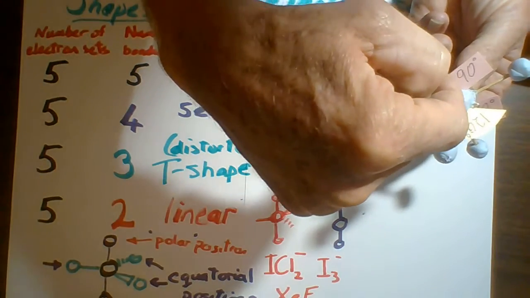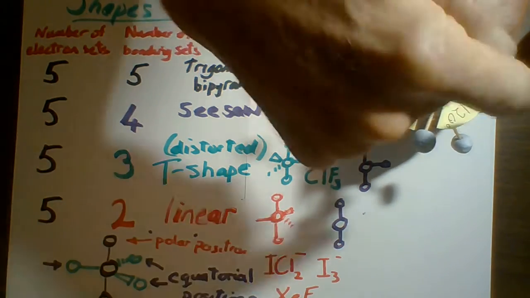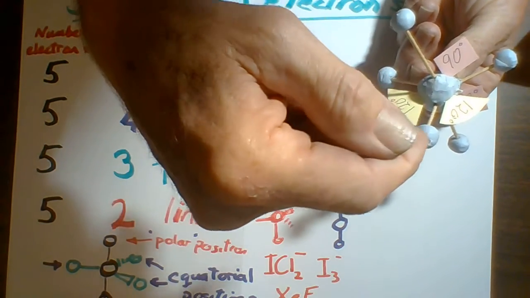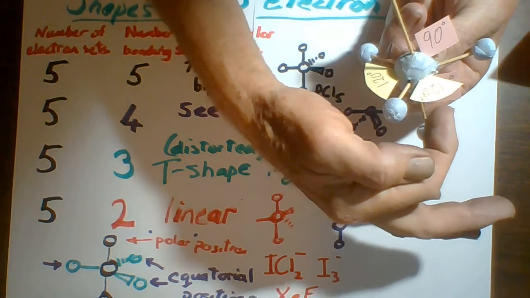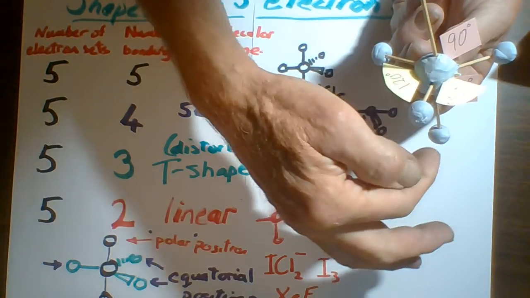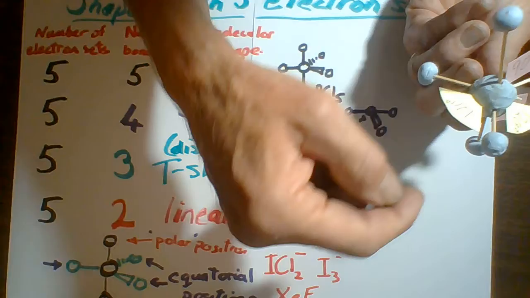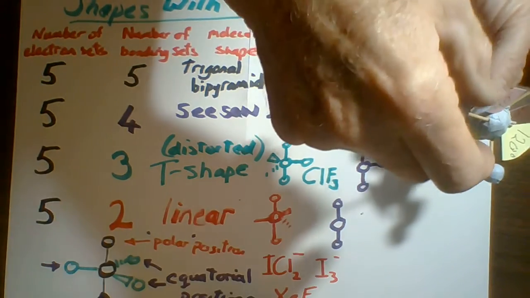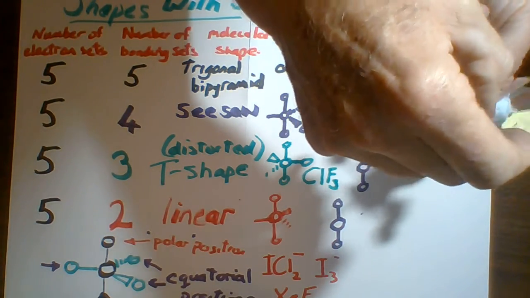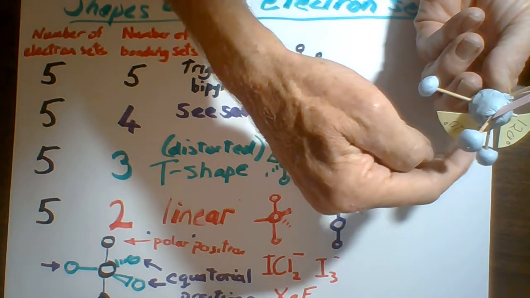The angle between the polar bond and the equatorial bond is 90 degrees. If all these atoms are the same size, it is exactly 90 degrees, from the southern pole to the equatorial. Between any polar atom and one of these equatorial atoms, the bond angle will be 90 degrees. But the angle between the equatorial bonds is 120.